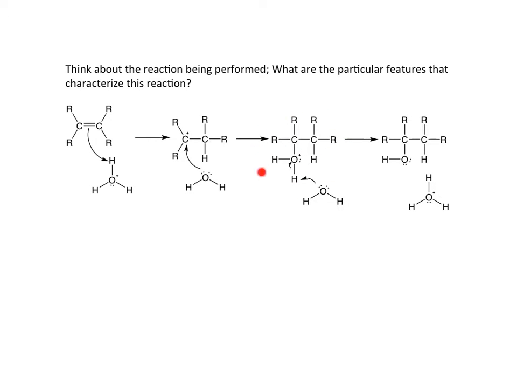Our oxygen is still protonated, but another molecule of water can come in, acting as base, and deprotonate our alkyl oxonium, leaving behind an alcohol and regenerating a hydronium ion, making the hydronium ion a true catalyst, right? We start with a hydronium ion, and we end up with a hydronium ion.